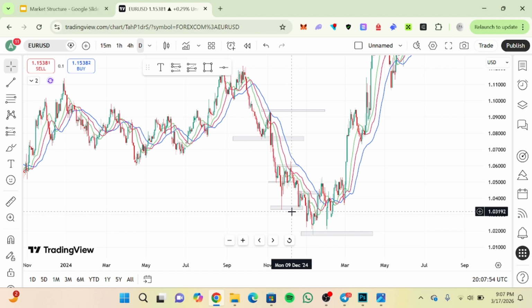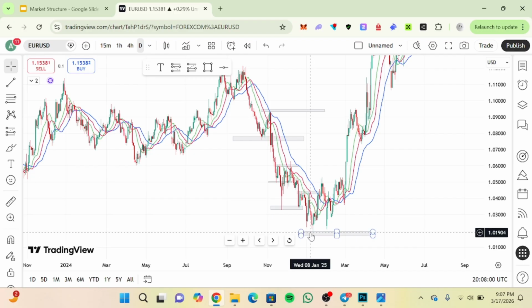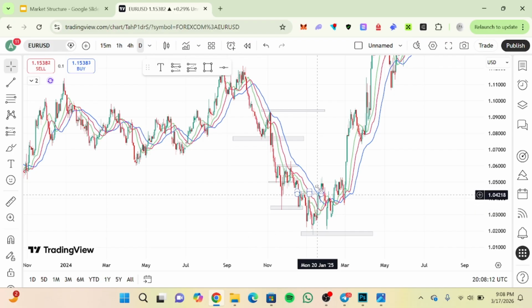Eventually it broke through again, which indicated the continuation of the trend again, until we got to this low.